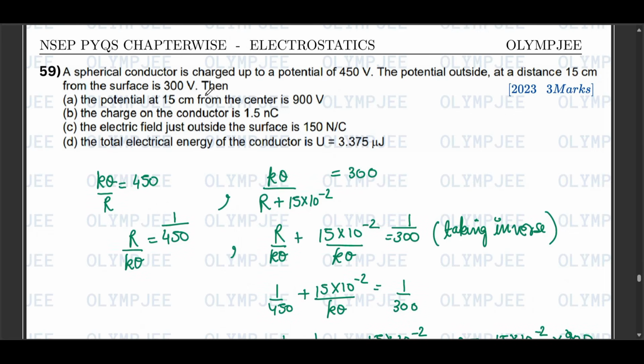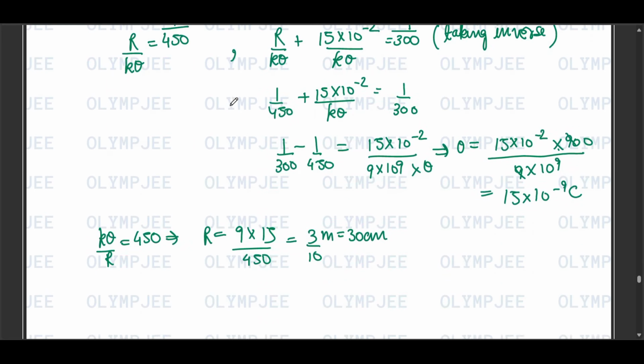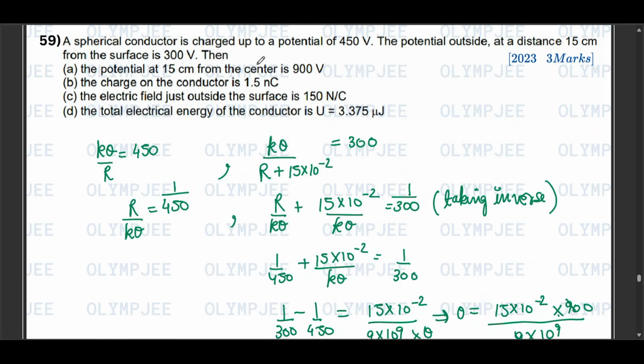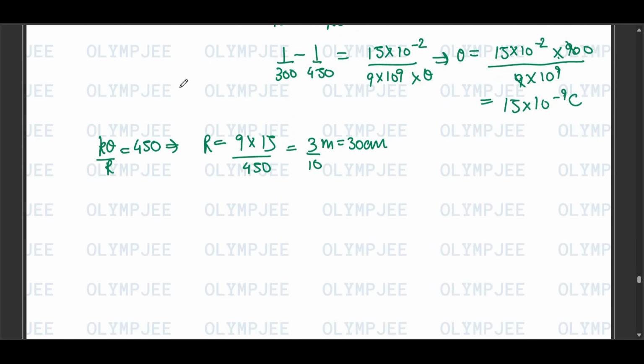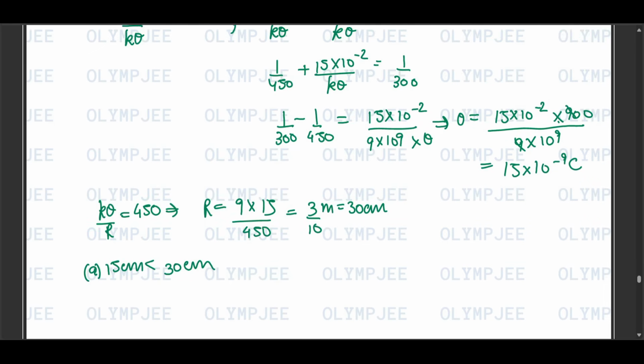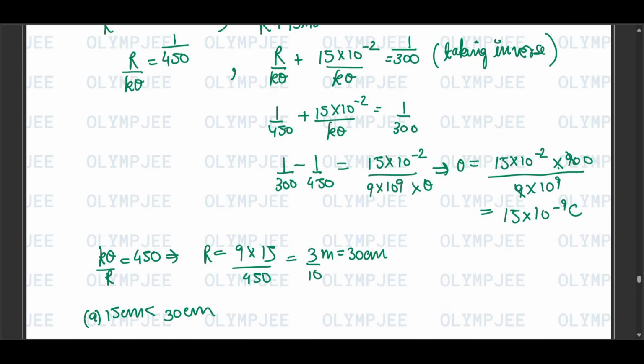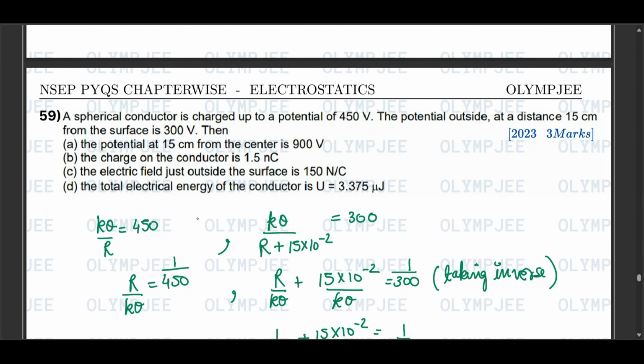Potential at 15 centimeter from the center: since this 15 centimeter is inside the sphere, and since it is a conducting sphere, the potential inside the sphere is constant, so it should be equal to 450 volt only, but this is 900 volt, so A is wrong.